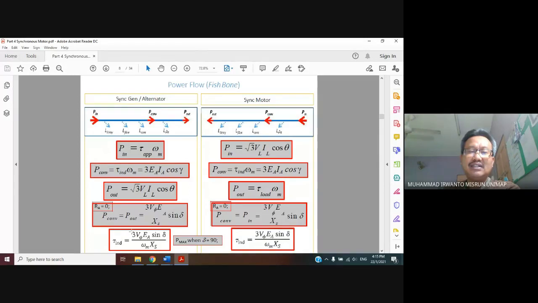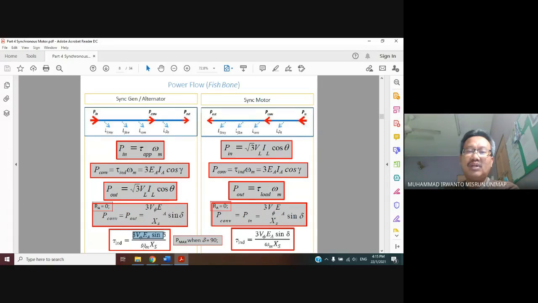So we can see here, 3 phase voltage EA sin delta over XS, which is the maximum power part we calculated earlier, over omega m.